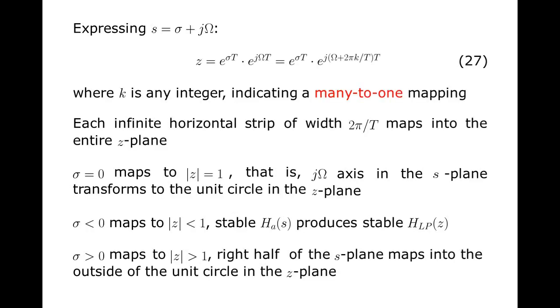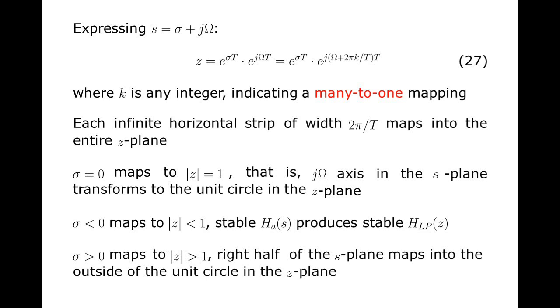And so we know that in Laplace, s is sigma plus j omega. So substituting the value of s, z is e^(sT), so z is e^(sigma T) into e^(j omega T). That is equal to e^(sigma T) into e^(j(omega plus 2 pi k by T)T), where k is any integer, indicating the many to one mapping.